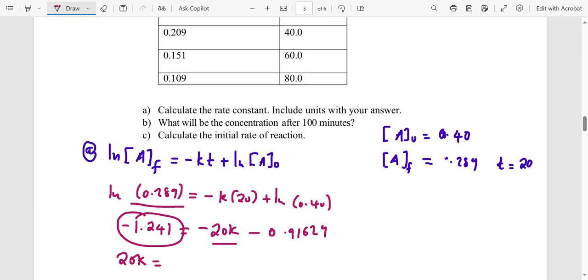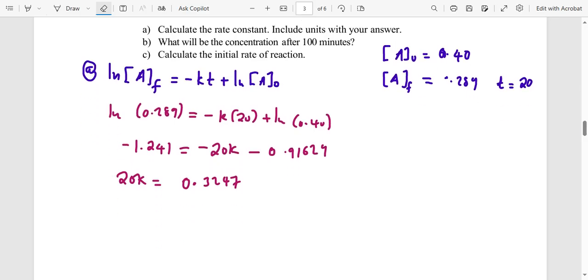So negative 0.1916, if this term goes to the other side, it will become positive 1.241. So it's going to give us 0.3247. And this one we are now going to divide by 20.